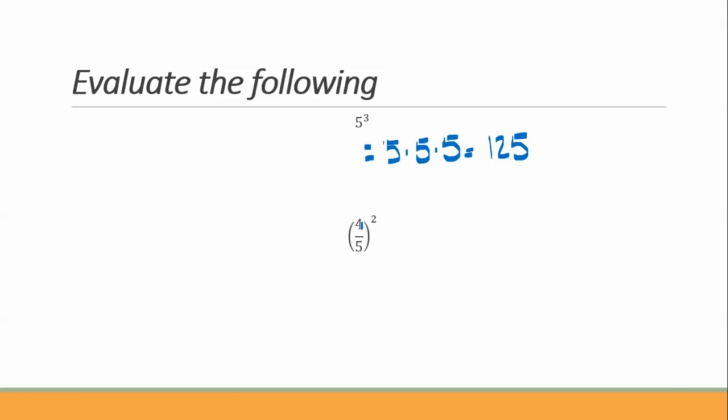This is 4/5 squared, so that's 4/5 times another 4/5. A quick review of multiplication: when we multiply fractions, we multiply across the numerator and multiply across the denominator. So that's 16 over 25.